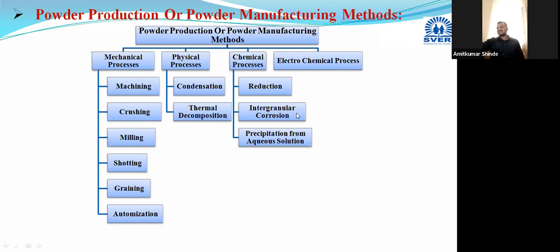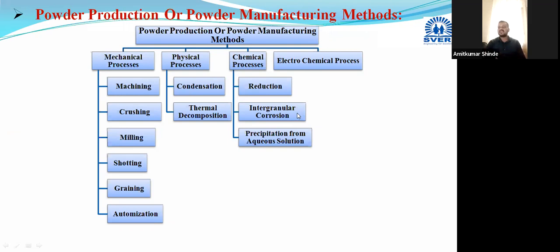Now, how do we use the intergranular corrosion principle? Whenever any material comes in contact with a corrosive environment, initially the grain boundary of that material will suffer corrosion, and after the grain boundary is corroded completely, corrosion of the grains starts.